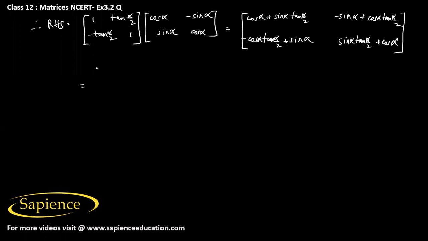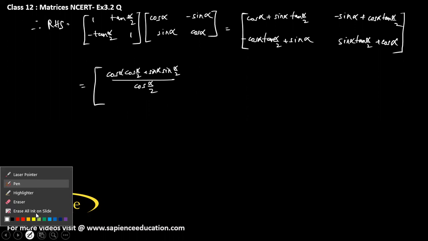Now this can be written with tan alpha by 2 as sin alpha by 2 over cos alpha by 2. If you take the LCM, the first entry will be cos alpha into cos alpha by 2 plus sin alpha into sin alpha by 2, divided by cos alpha by 2.